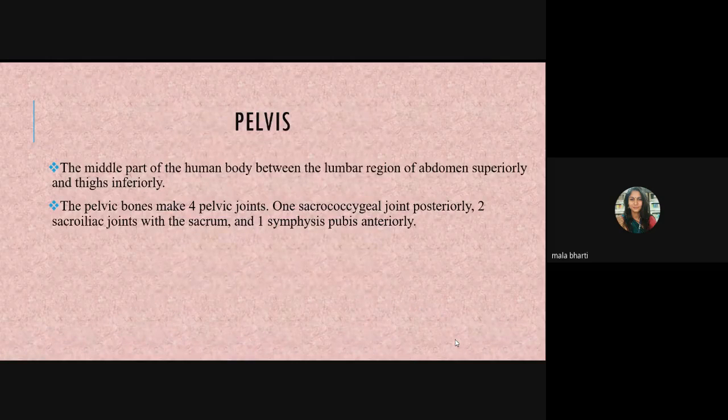I'm taking a very small example of how we determine one of the parameters. We'll just determine the sex of the individual with the help of the pelvis. So, a basic introduction of what the pelvis is.